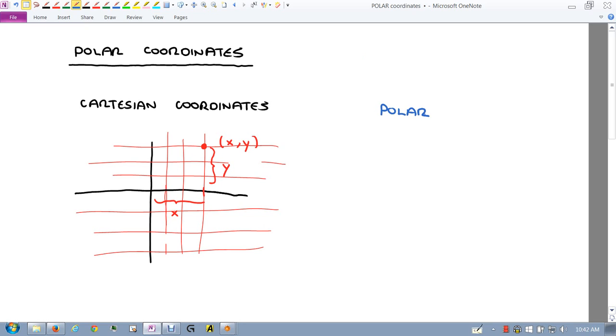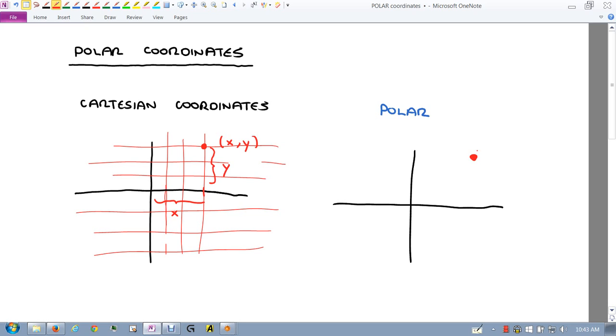Polar says, look, let's try and get to that same point. In Cartesian, I needed to give you 2 pieces of information to get to that point, right? An x and a y. But in polar coordinates, we're going to get to the same place, still giving you 2 pieces of information, but those 2 pieces of information have nothing to do with how far to go out x and up y.